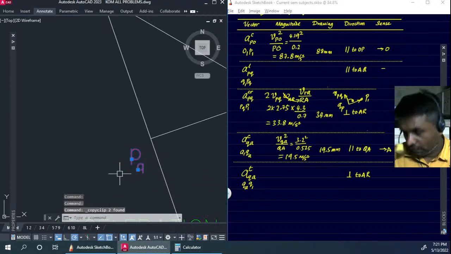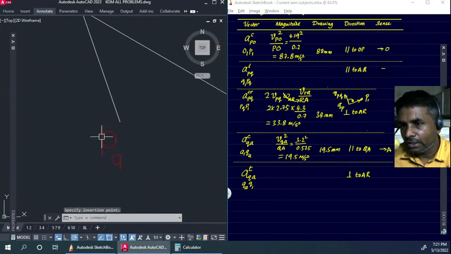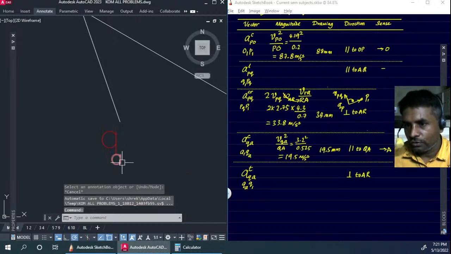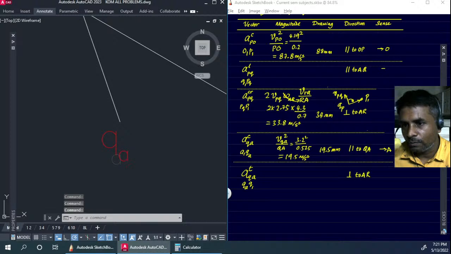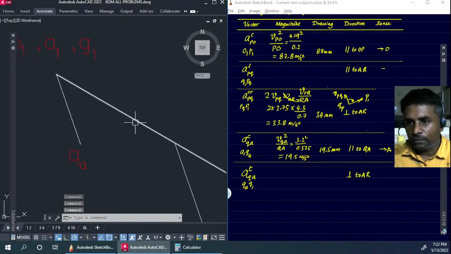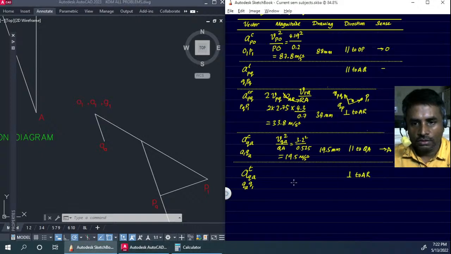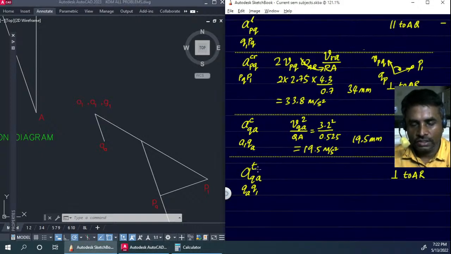So I'll take this, and the point that we got here is Q subscript A. This is a temporary point, and from here I need to draw a perpendicular line, because the next acceleration is tangential acceleration.